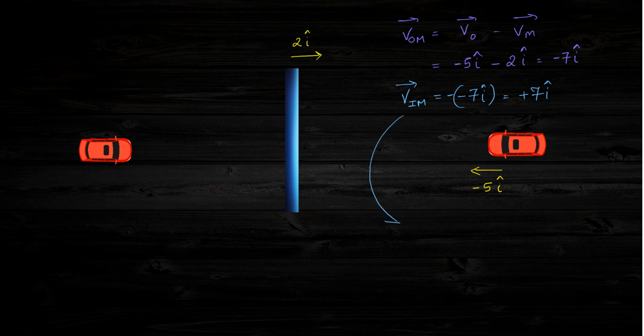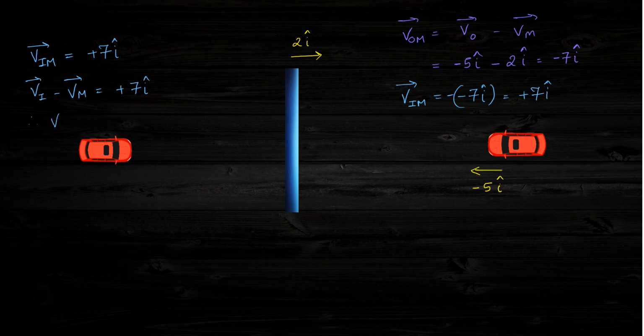Now, this particular velocity: let's write down the velocity of the image with respect to the mirror, which, as we saw, is plus 7 I cap. So that is velocity of image minus velocity of mirror, according to the concept of relative velocity. This is plus 7 I cap.